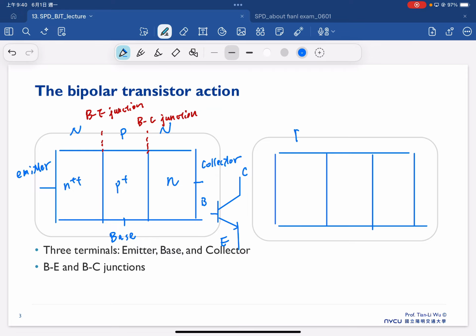From left to right, we have P, N, P. On the left side we have P++, in the middle we have N+, and on the right we have P. Similarly, we call the left the emitter, the middle the base, and the right-hand side the collector.